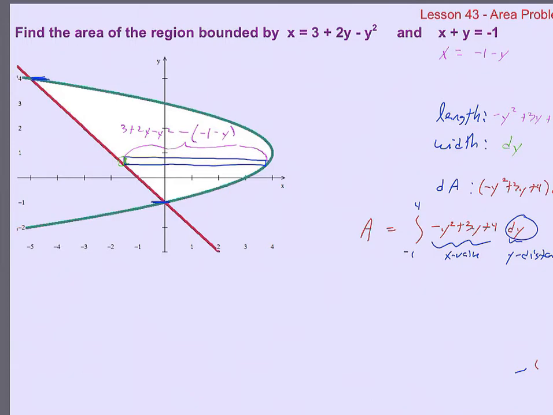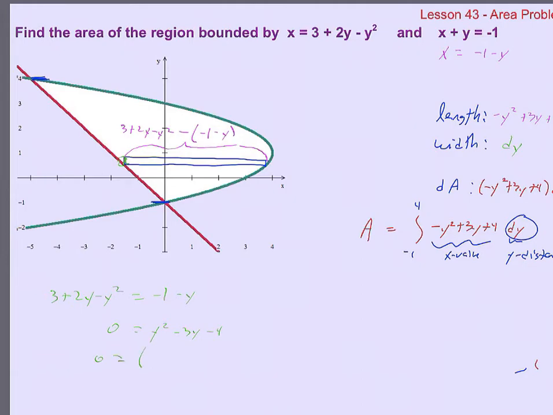If you didn't have the graph in front of you, or if it wasn't clear what the numbers were, you could get that by solving. When does our 3 plus 2y minus y squared equal our negative 1 minus y? When are those two things equal to each other? And so that would be y squared minus 3y minus 4 equals 0.